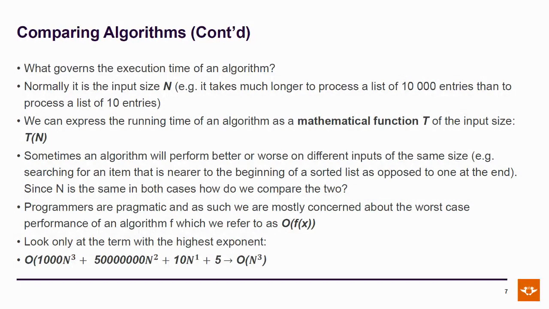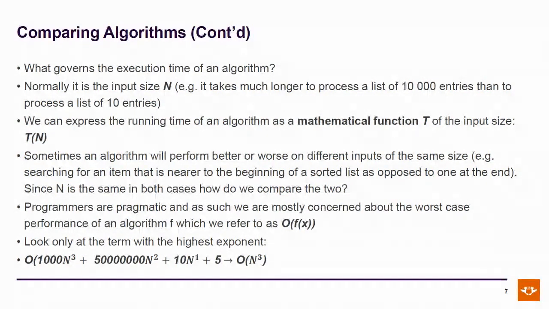So we'd like to express the running time of an algorithm as a mathematical function, which we'll call t, for time, which is a function of the input size, so T(n). Basically, we'd like to come up with some expression that will give us a sense of how complex the running time is going to be.